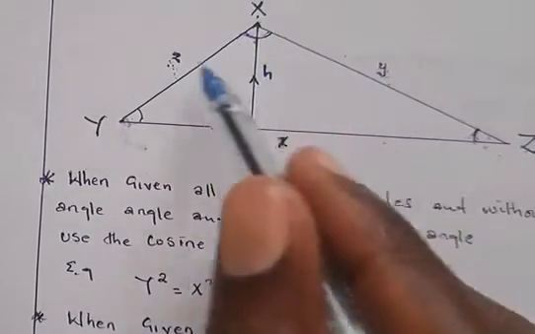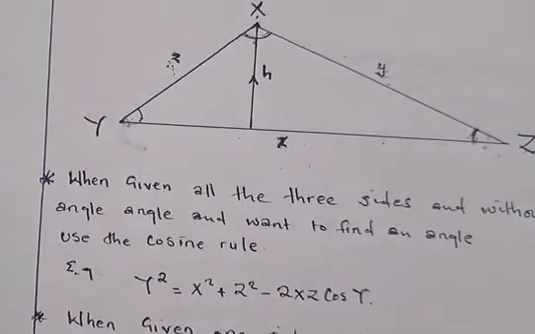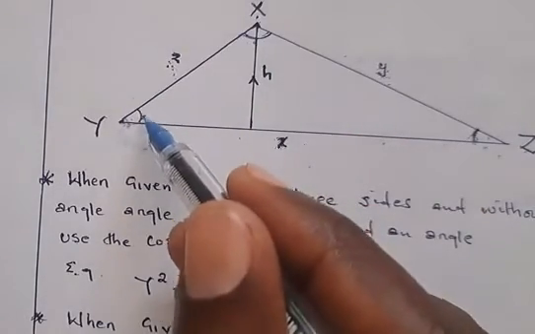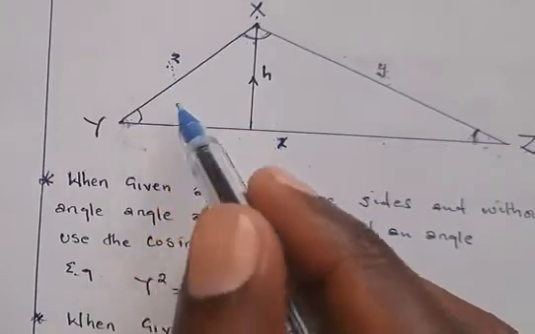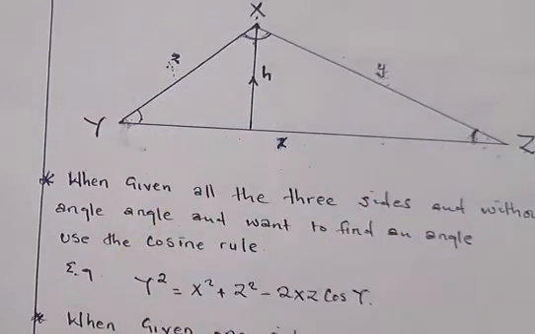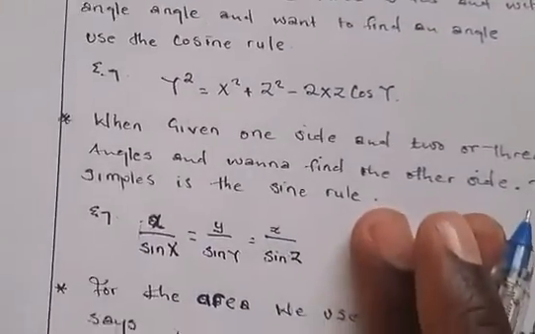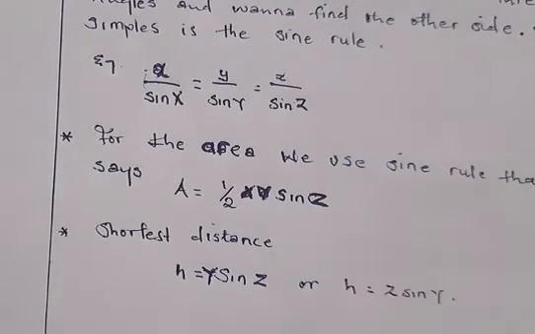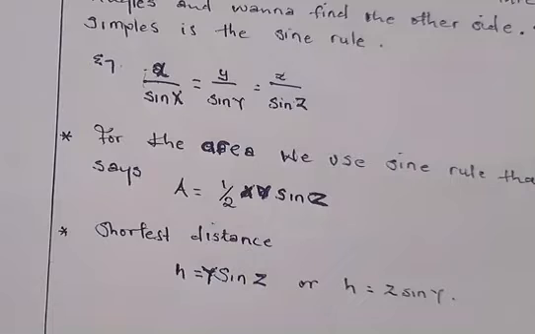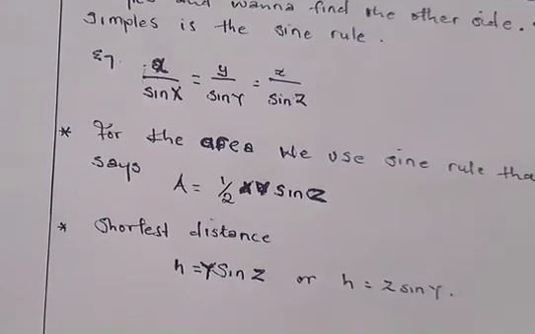In a similar manner, when we're given this angle here, it's going to be half xz sine y. So the way these questions are given, that's the way you should also try to come up with the formulas.